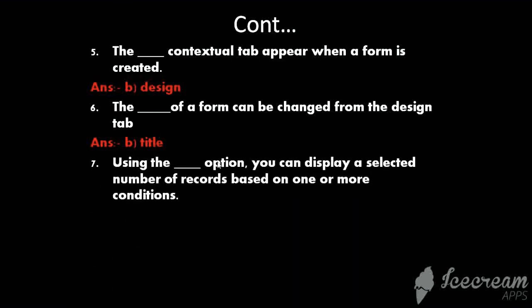Using the dash option, you can display a selected number of records based on one or more conditions. Selected number of records can be displayed using a query. I told you we were applying queries just now, right? So that I want the data of editors, that will be displayed in the query. Remember in part 2 I was explaining these things.